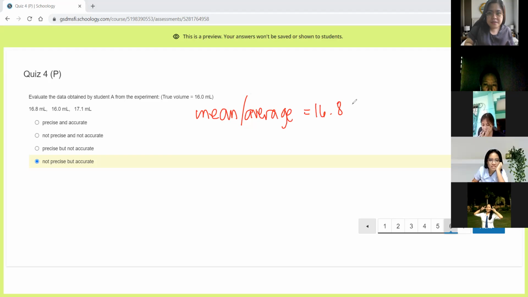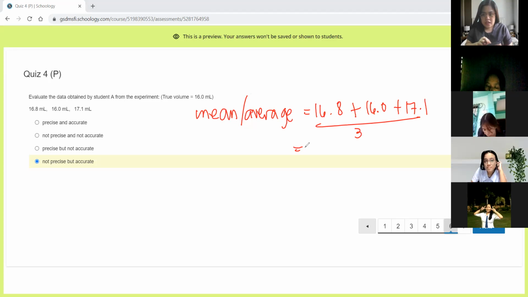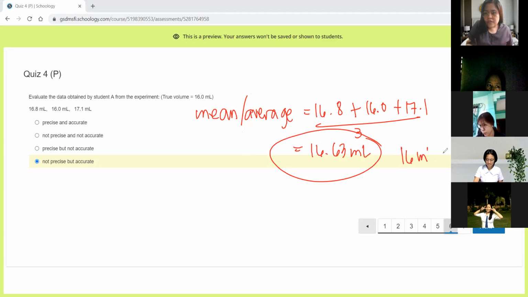Okay, very good. 16.8 plus 16.0 plus 17.1 is 49.9, divided by 3, it's 16.63 mL. Our true value is 16 mL, class.